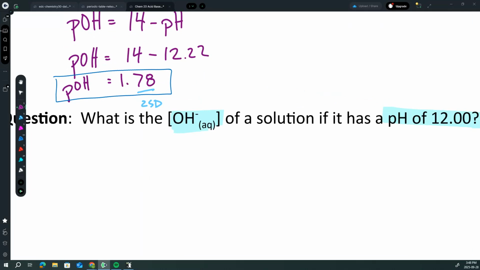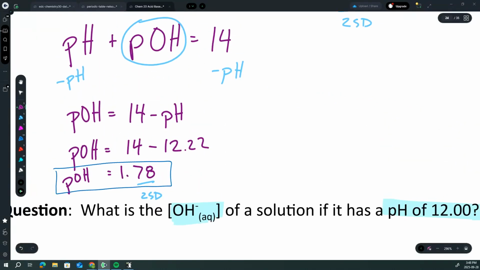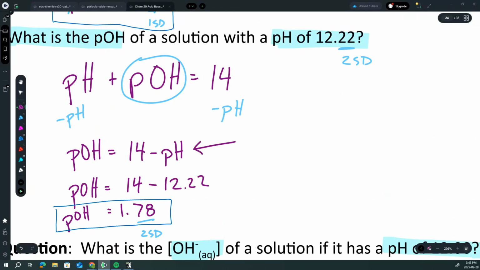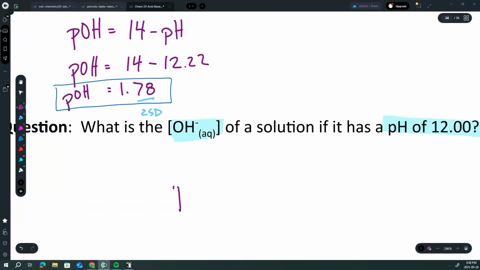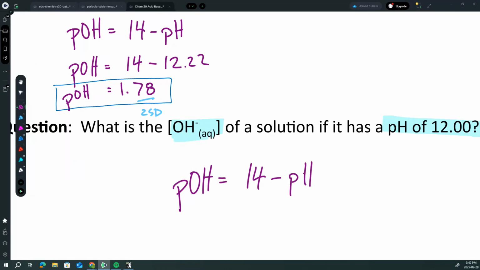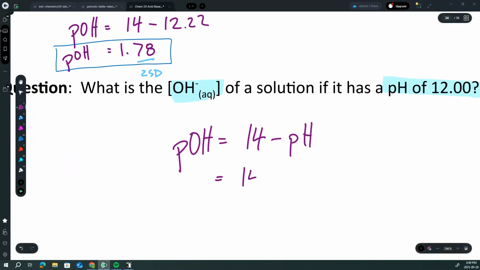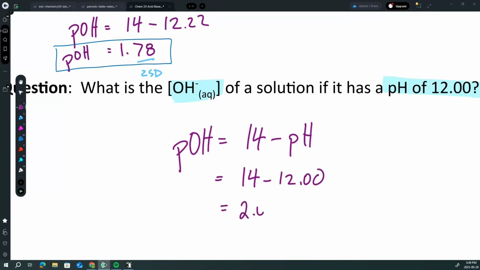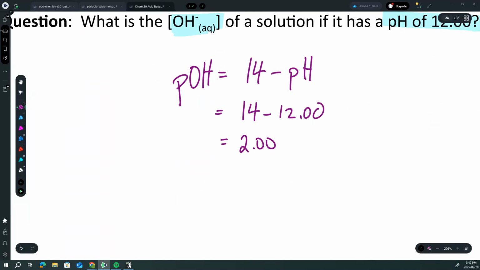Since we're trying to find pOH, I'm just going to steal this formula that we figured out. So pOH is equal to 14 minus pH. 14 minus 12, that's going to be 2 for pOH.